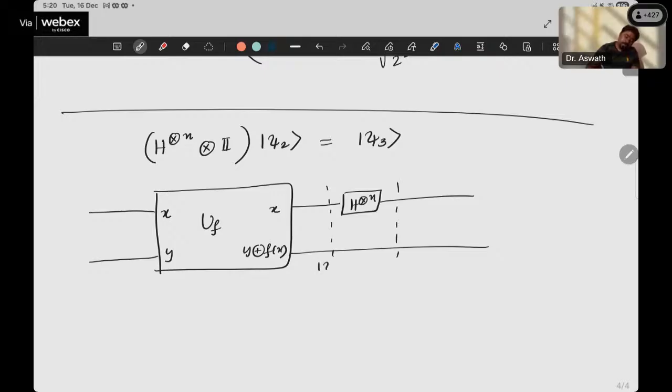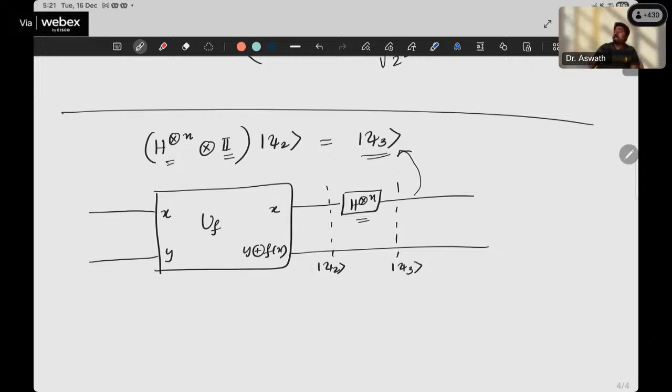At this point, I have psi 2. At this point, I'll get psi 3. So what is psi 3? Psi 3 is n Hadamards acting on the query part and one identity acting on the ancilla part. That is what I want to find out. Now, my target is to find my psi 3.